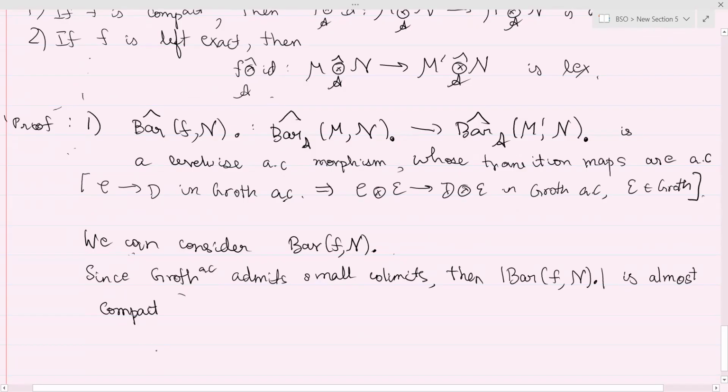And further, since the functor from Groth to Groth comp is again nice, we can move back and say that this implies that the realization of this completion is also almost compact.